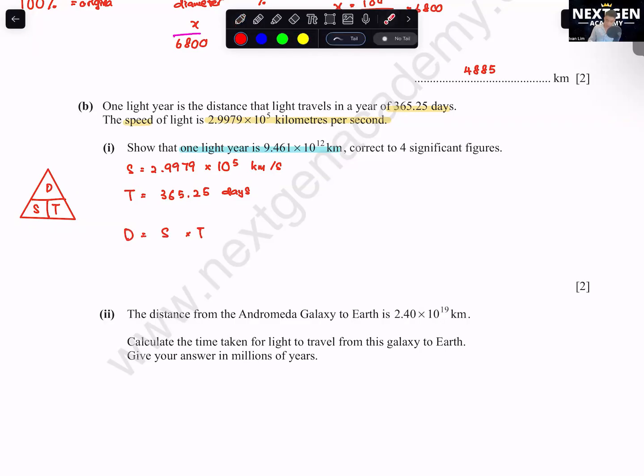However, when I multiply that time, this is how I will do it. I check the units first. Speed is kilometer per second. You see, kilometer per second, I cannot multiply with the days, right? So what do I need to do? I need to change these days to seconds first. Can you change it to seconds?